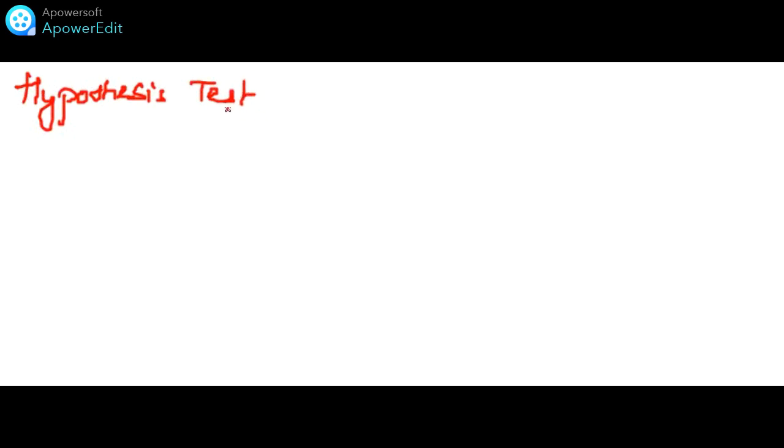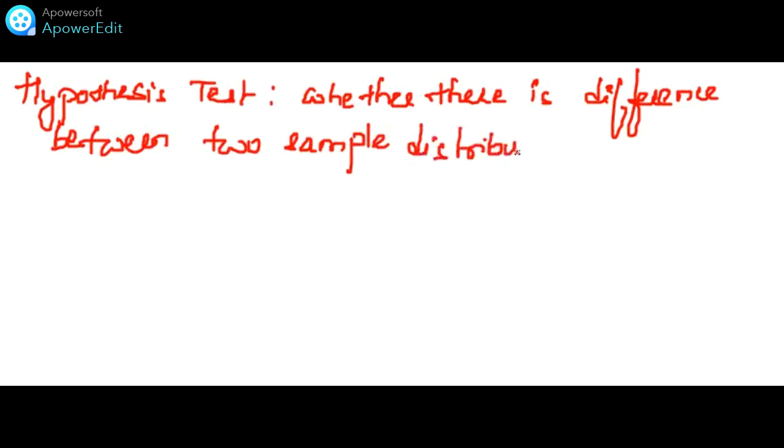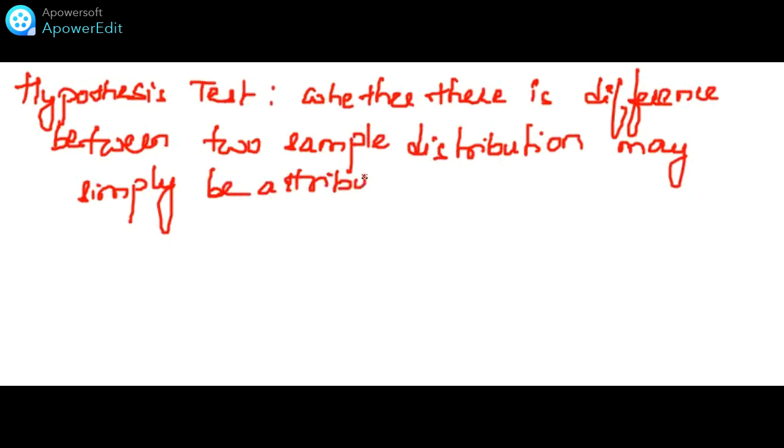Hypothesis testing is whether or not there is a difference between two sample distributions, and if a difference exists, whether it may be attributed to chance or not.